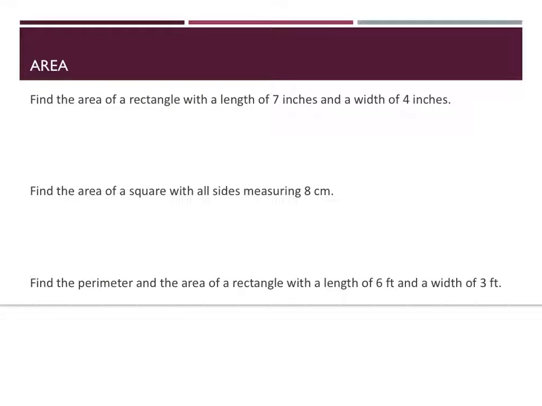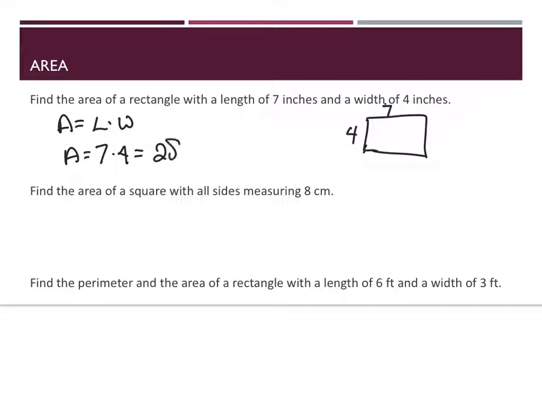If I have a rectangle and I have a length of 7 and a width of 4, I don't need all 4 measurements because I want to find the area. I want to follow the area formula, and area is just length times width. If area is length times width, my length is 7 and my width is 4, that gives me 28.